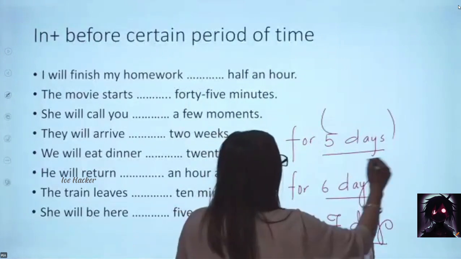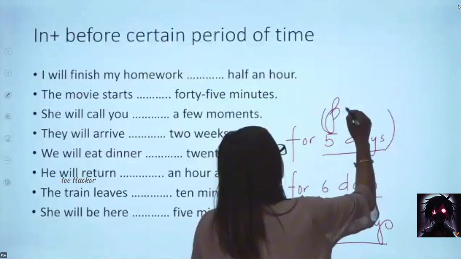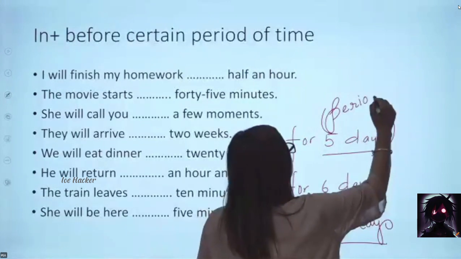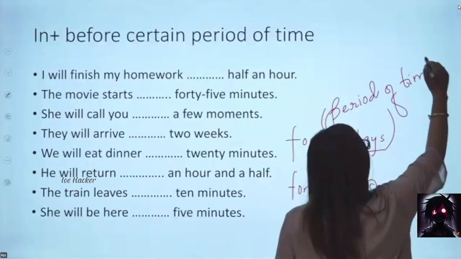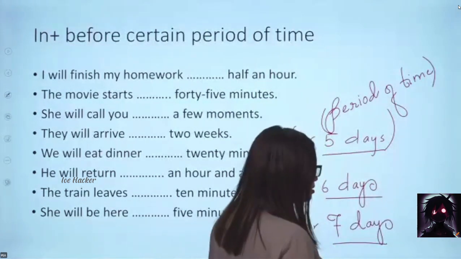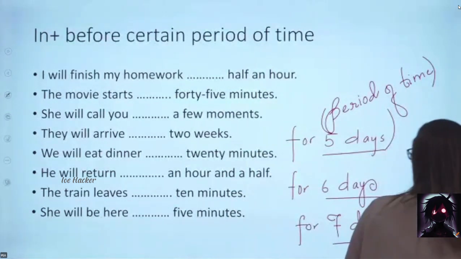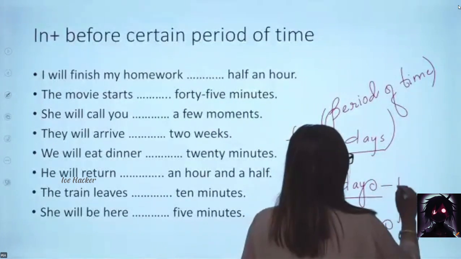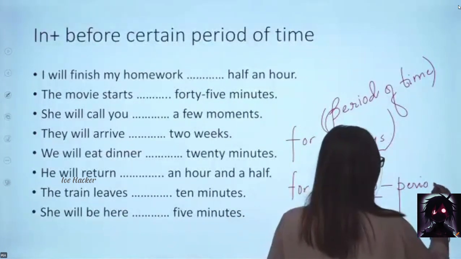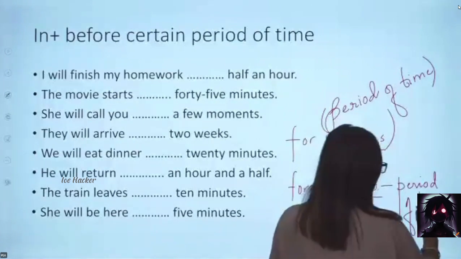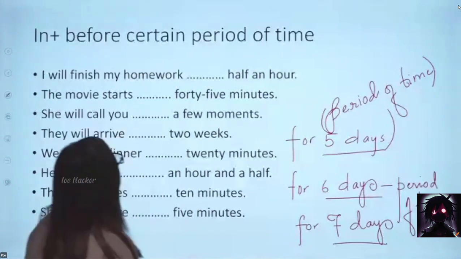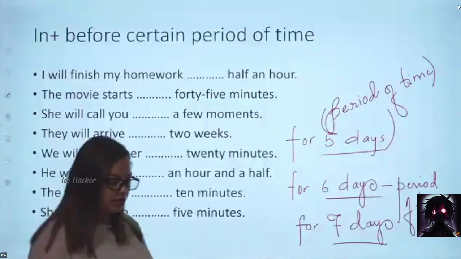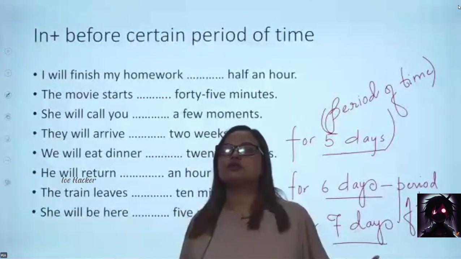What is this? Days. 5 days means a period of time. All these are periods of time. 7 days, a period of time. So in is also used for a period of time.